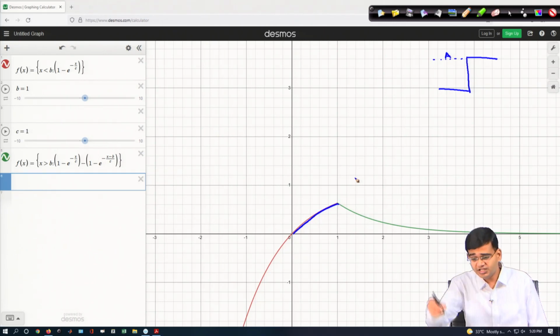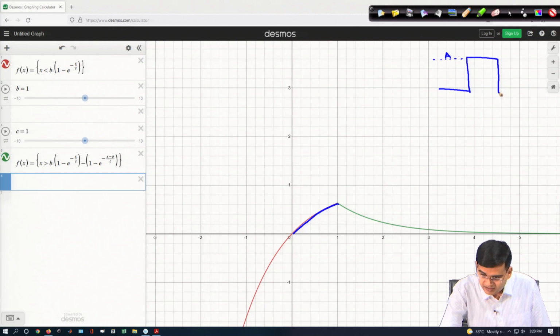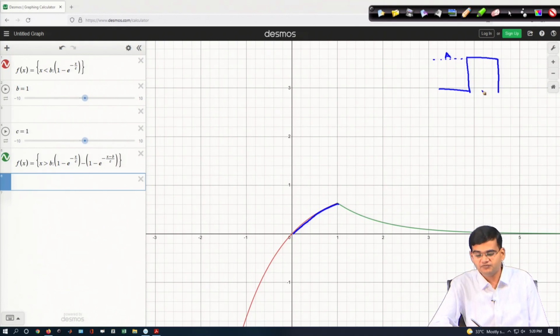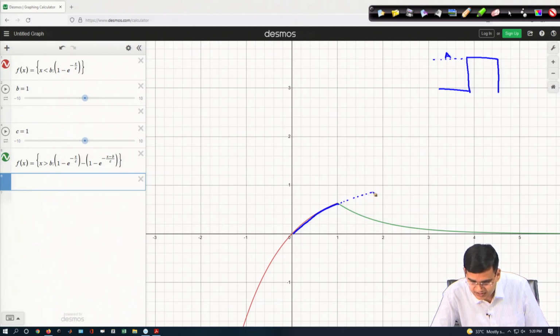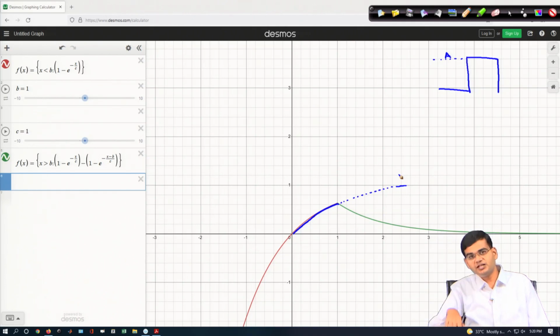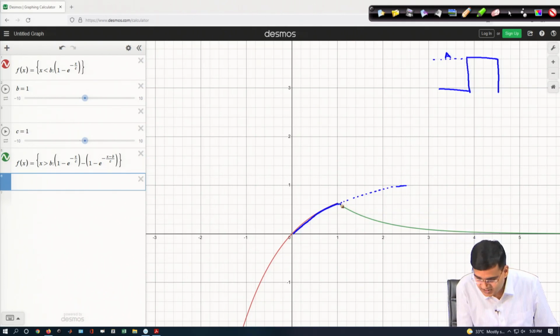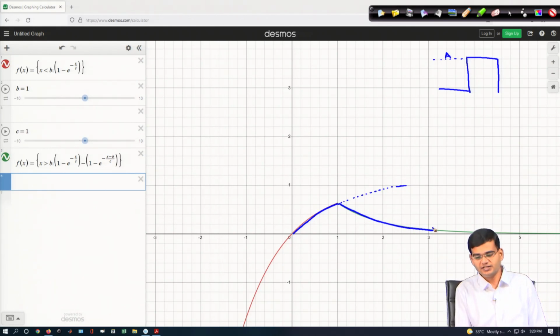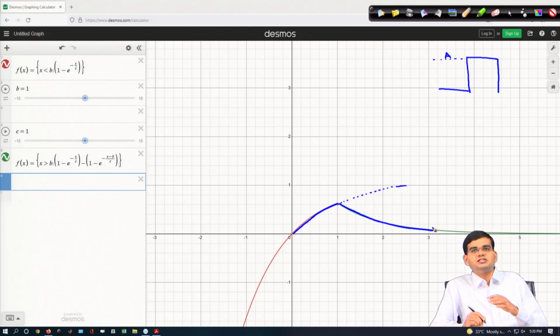If you did not give this negative A, then it would have continued like this. But now, since you have given a negative A, this arm comes. And now the question is, what is the significance of the time constant tau?